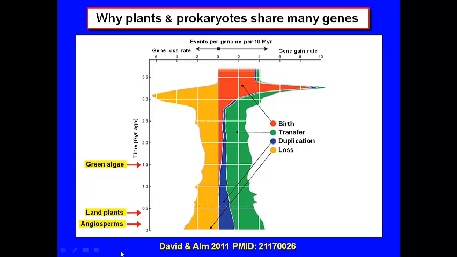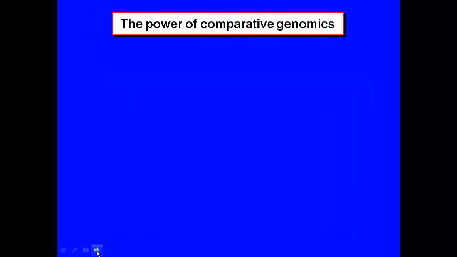And so what's really happening in plants is that they're dealing with a set of gene families and generic functions that were invented 3 billion years ago, and they're just shuffling them. They're not creating anything de novo, so that means there's a high probability that they're going to be sharing some of those genes with other organisms, because they've all inherited them from way, way back in the tree of life.